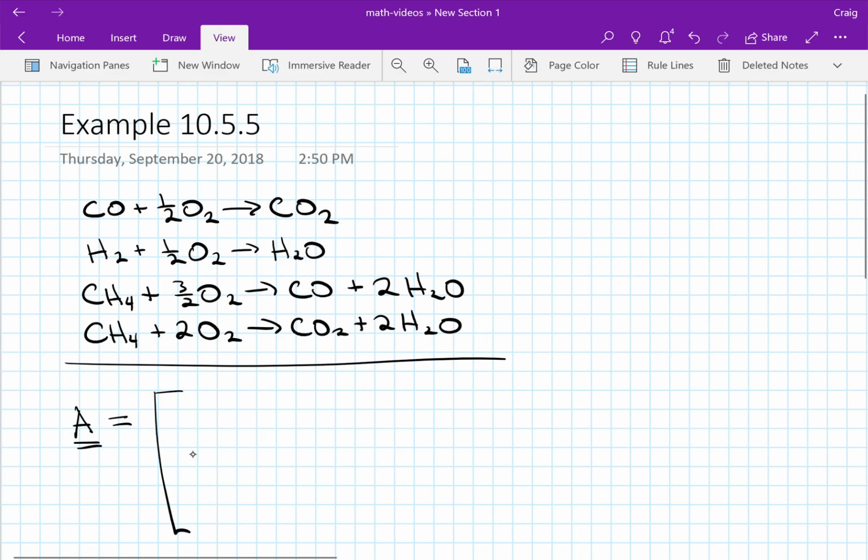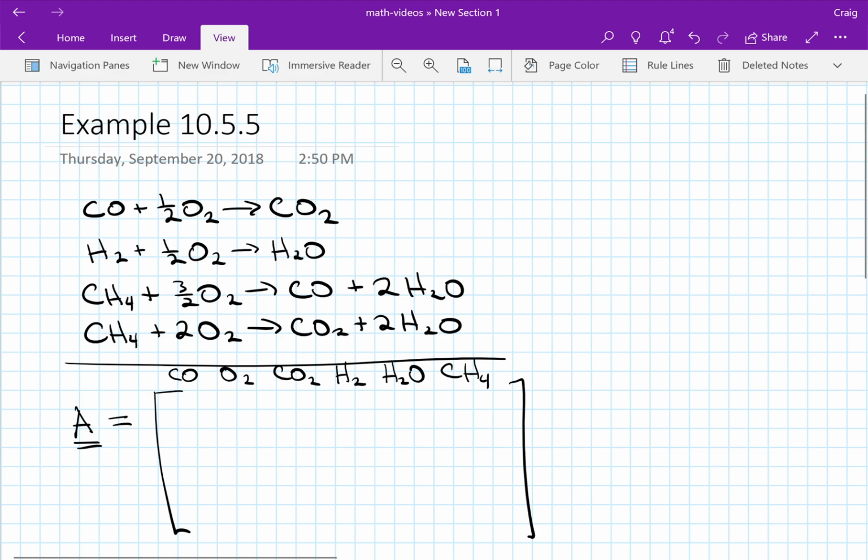So for instance, I can have a column corresponding to carbon monoxide, a column corresponding to oxygen, a column corresponding to carbon dioxide, a column corresponding to hydrogen, a column corresponding to water, and a column corresponding to methane.